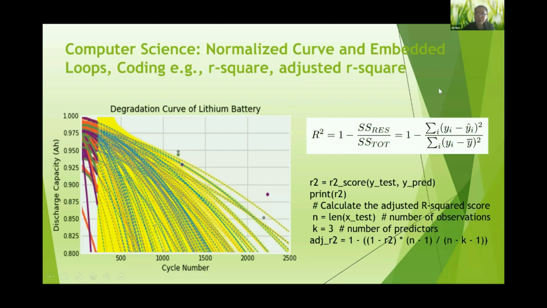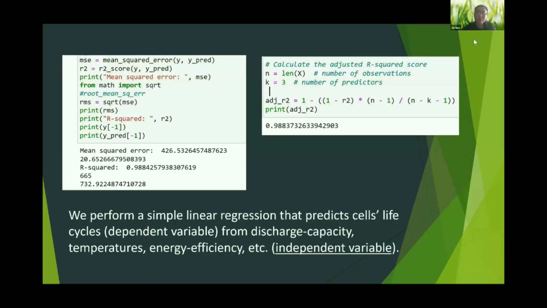We need to measure the proportion of the unexplained variance to the total errors. So we use code in Python to help us solve this problem. We can easily get the R-square and adjusted R-square. Normally, the adjusted one is smaller than the R-square.